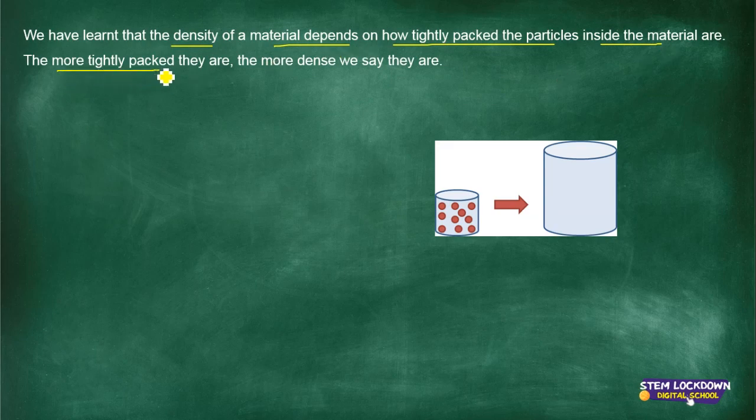So you can write this down. The key words that you can write: density depends on how tightly packed the particles inside the material are, and the more tightly packed they are, the more dense the substance or the material is.